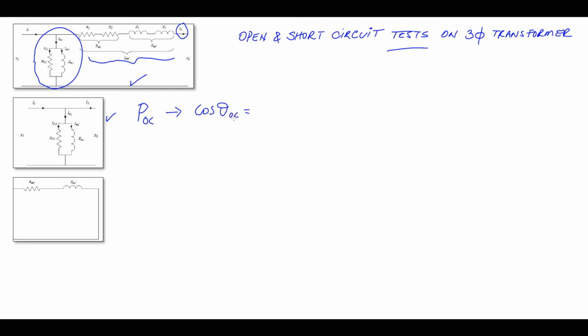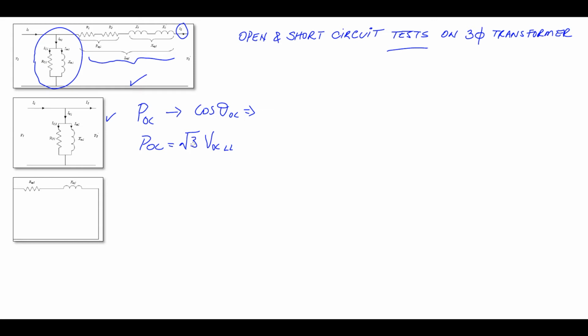Knowing that the power is square root of 3 times V open circuit, line to line. Keep in mind that we are working in three-phase, not single phase, but the representation of the equivalent circuit looks like single phase.